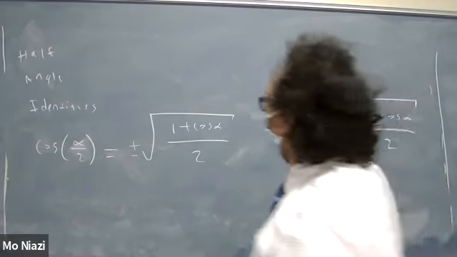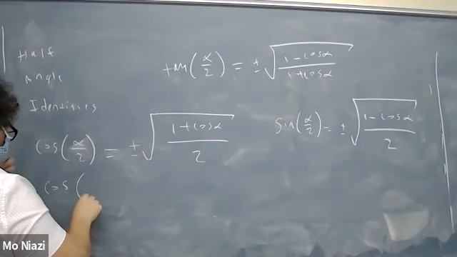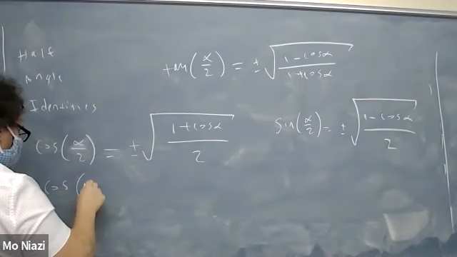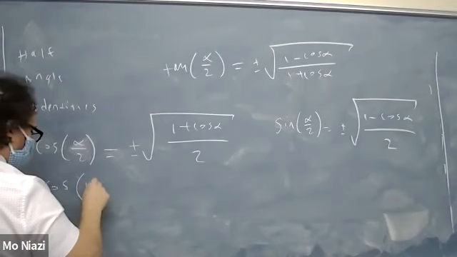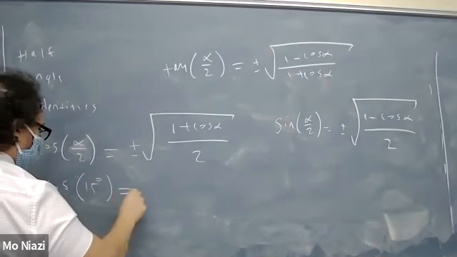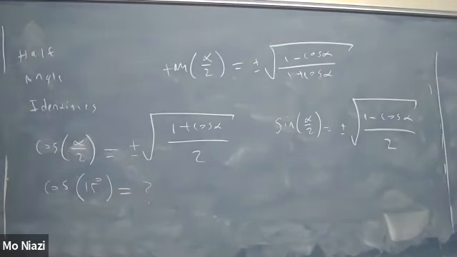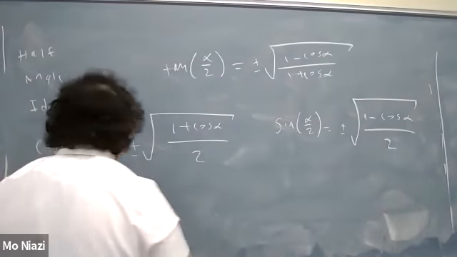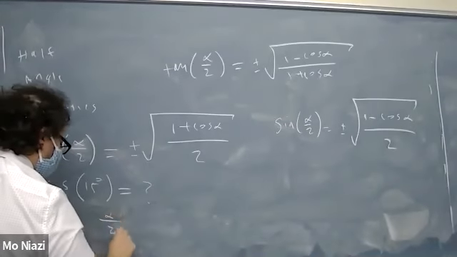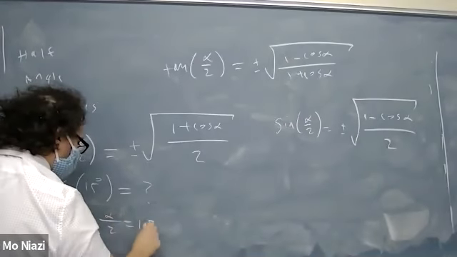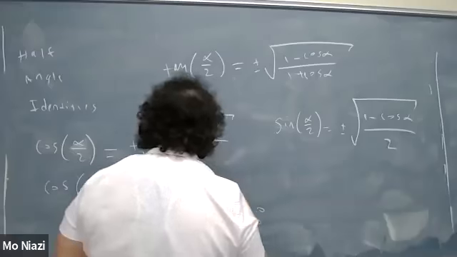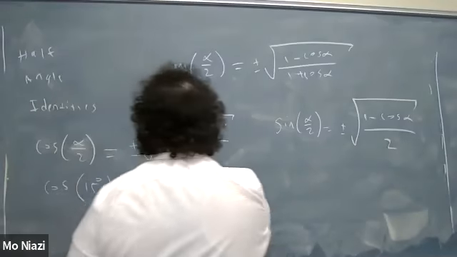For instance, to find what is the cosine of 15 degrees? Well, notice that if alpha over 2 is equal to 15 degrees, that implies that alpha is equal to 30 degrees.